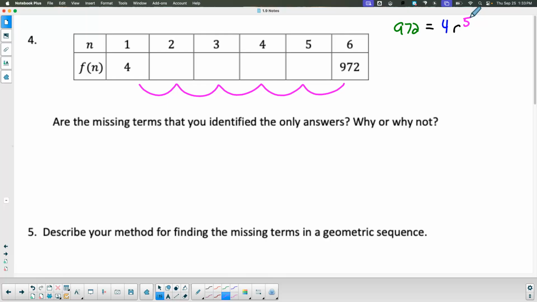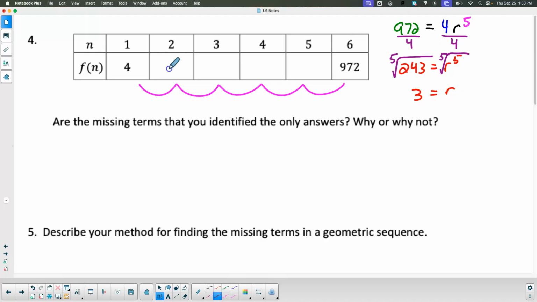First divide by 4. 972 divided by 4 is 243. Need to take the 5th root of both sides. 5th root of 243 is 3. So my r value is 3.